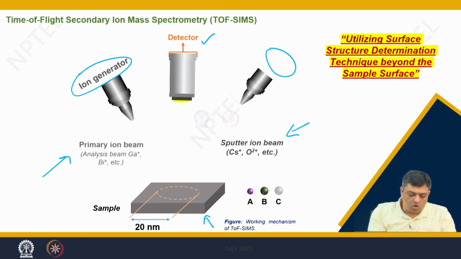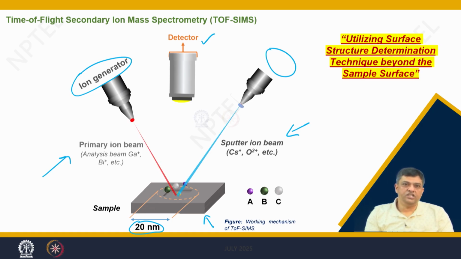Focus it on a small size sample and you have the ion generator giving you the beam, then it releases the ions from the surface which are collected by the detector.